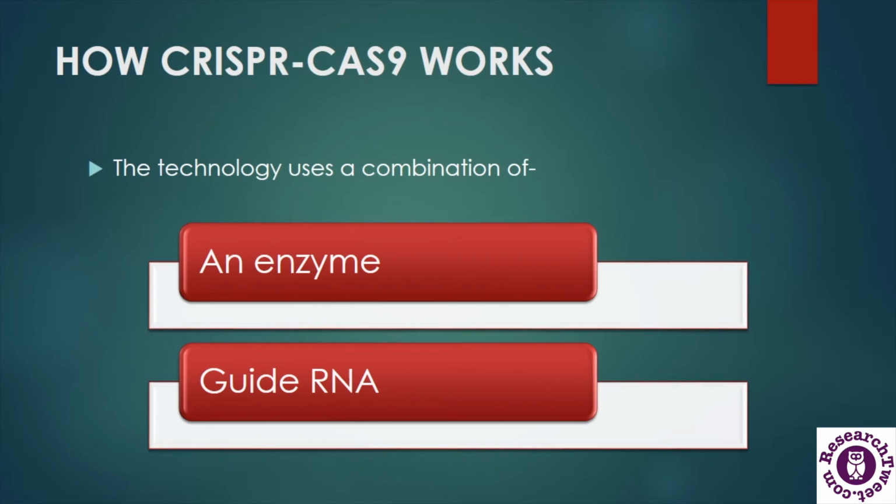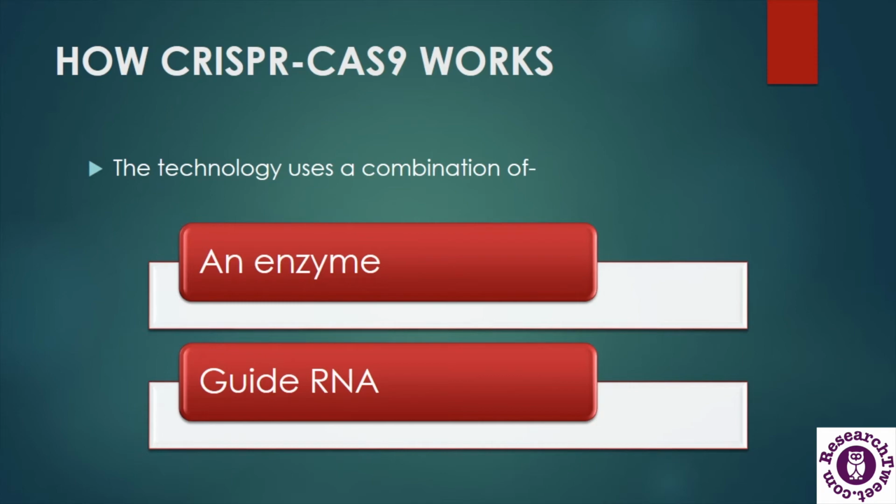Now let's understand the working mechanism of CRISPR-Cas9, or how this technology works. Basically, CRISPR-Cas9 uses a combination of an enzyme, which is the Cas9 protein, and a guide RNA. Here the CRISPR sequences work as a guide RNA because they have specific recognition sites.